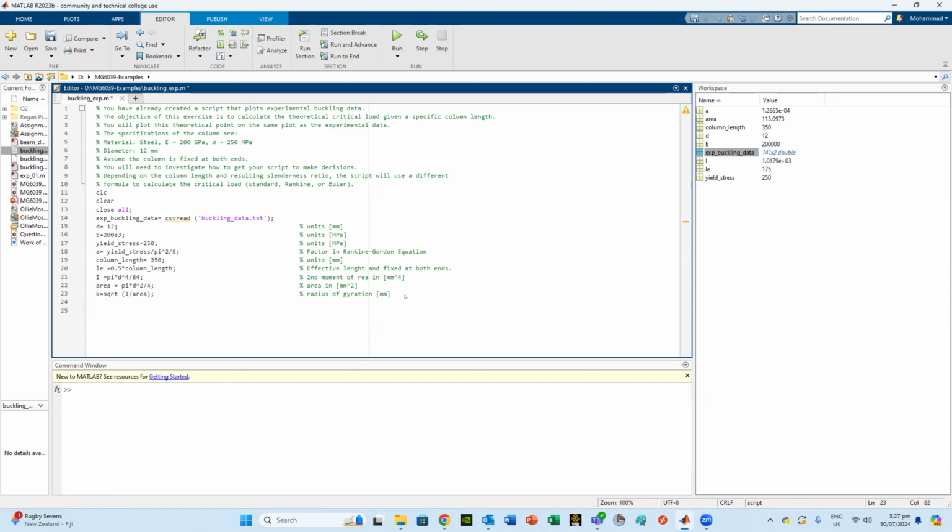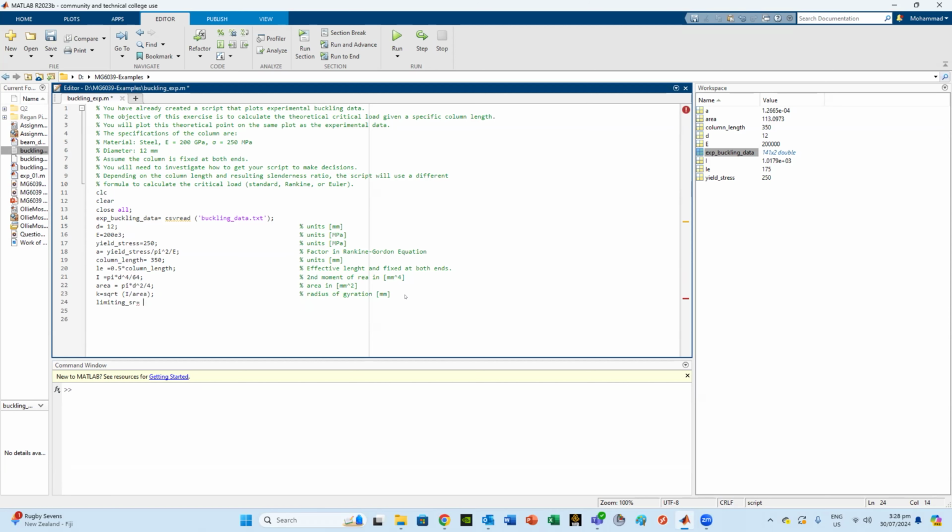All right. So now we need to find the limiting slenderness ratio. So I could say SR to make it easy, equals.